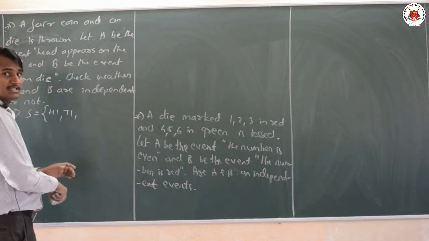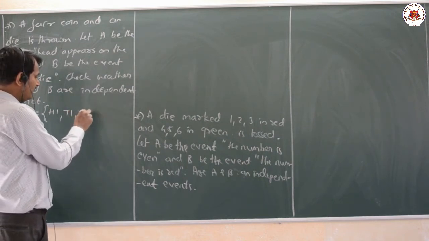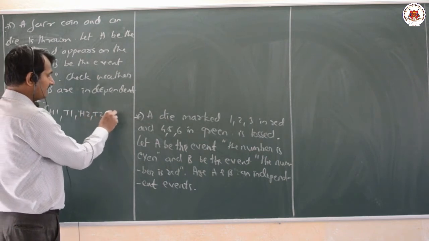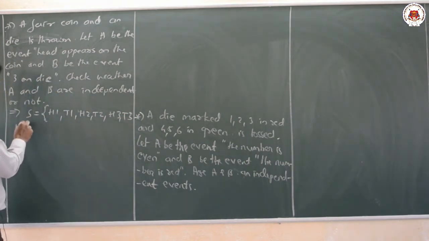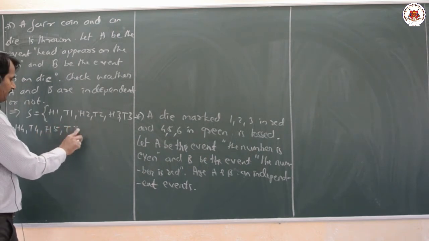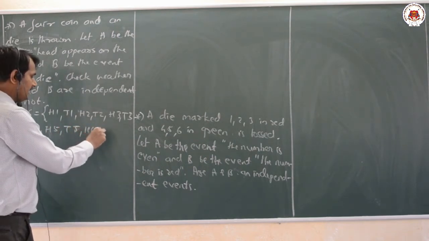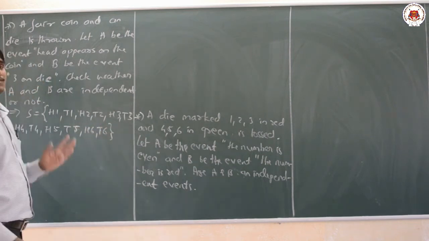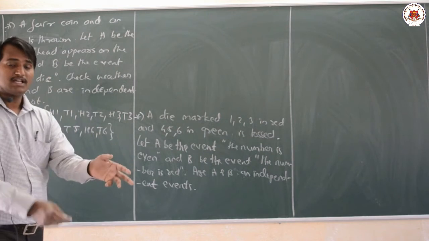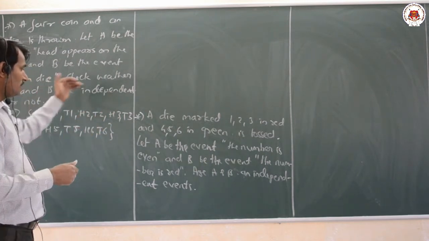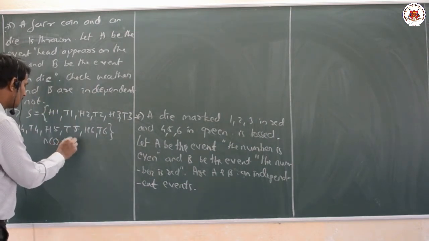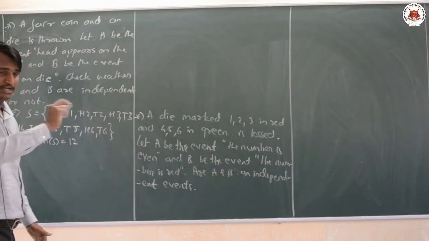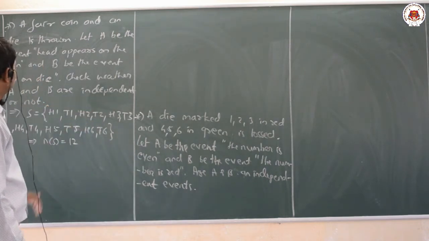Similarly, head 2 and tail 2, head 3, tail 3, head 4, tail 4, head 5, tail 5, then head 6 and tail 6. These are the total possibilities that may occur here. That means n of S is equal to 12, dear students. Very, very simple.